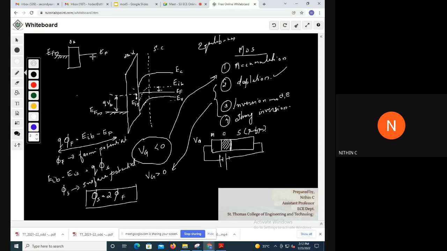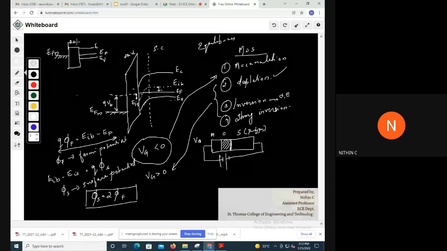Then you can form the rest of the lines. Since we are considering a p-type, we will have EV closer to this and EC above this, and in between you will have EI. So this will be the case of the equilibrium MOS capacitor.